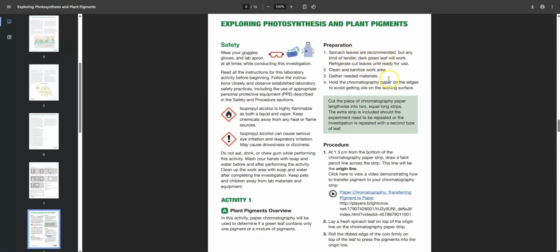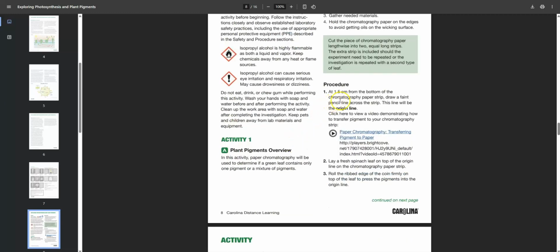But once you are starting this lab, you want to make sure that you're cutting them correctly and you're using the chromatography paper correctly as well. So you have some chromatography paper, you're going to draw a line, and this is going to show you this video. Watch this. This is a really good video about putting the pigments onto the paper.